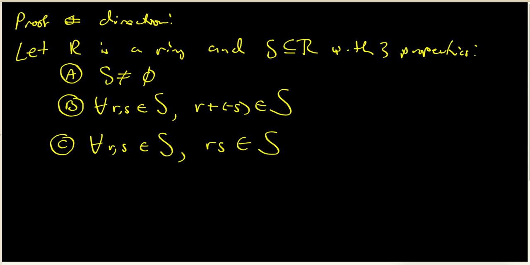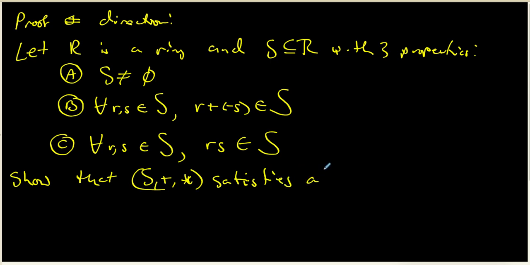And so we're going to now need to show that S under plus and times satisfies all the ring axioms. So our proof is going to start with going back and looking at the ring axioms.